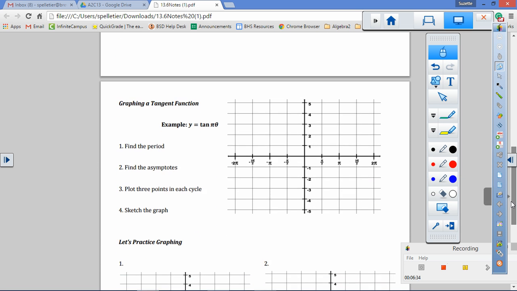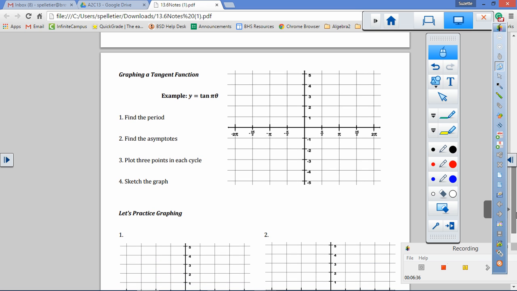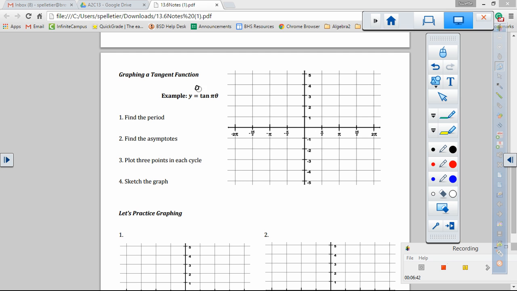Graphing the tangent function. So let's just look at this example one first. Again, we find A in front of the tangent and B is right in front of the theta. So the period is going to be, remember, pi over B. And so we go, pi equals pi over B, right?